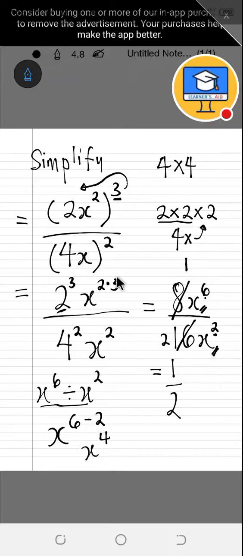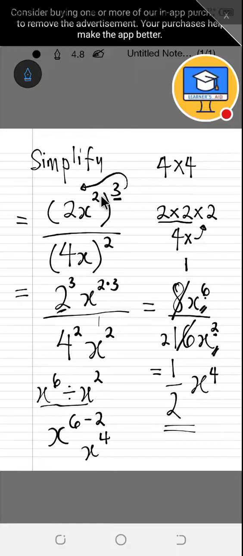So that means x to the power 6 divided by x to the power 2 gives us x to the power 4. So this is our final answer: half x to the power 4. I think it's clear enough.